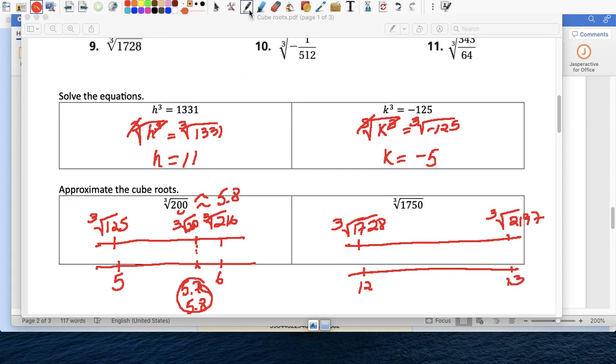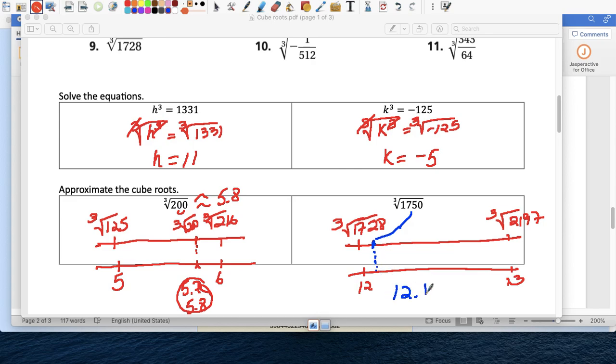So where is 1,750? 1,750, let's see, 1,700, 1,800, 1,900, 2,000, around here. Let me change colors. So that's where the cube root of 1,750 is. Let's drop a line. Does that look like 12.1?